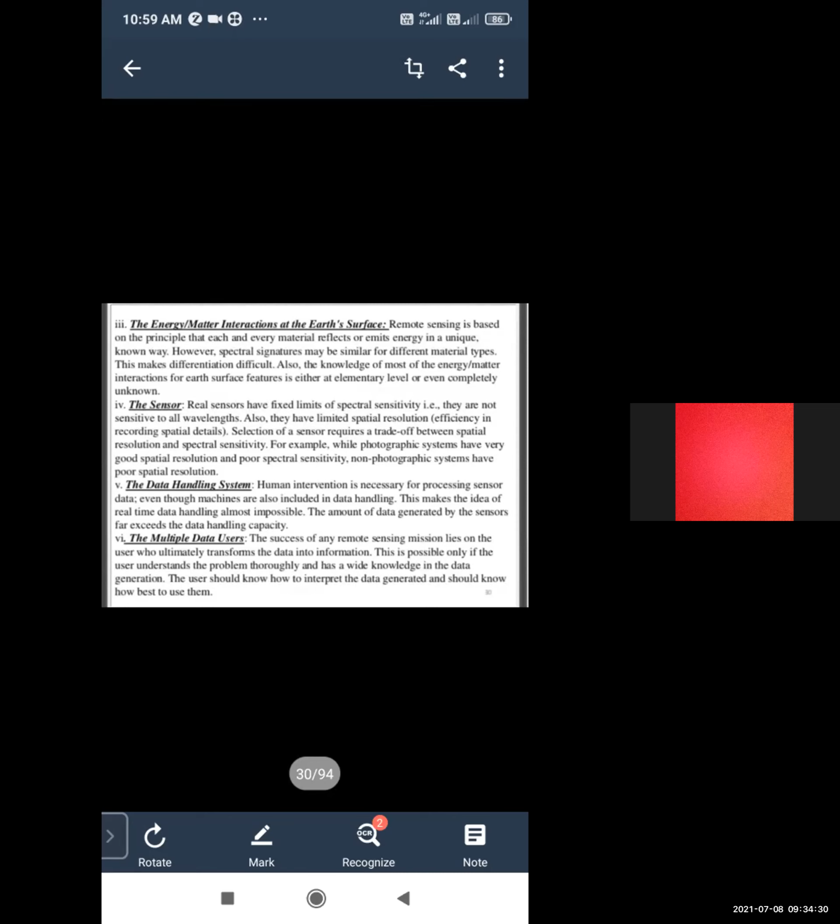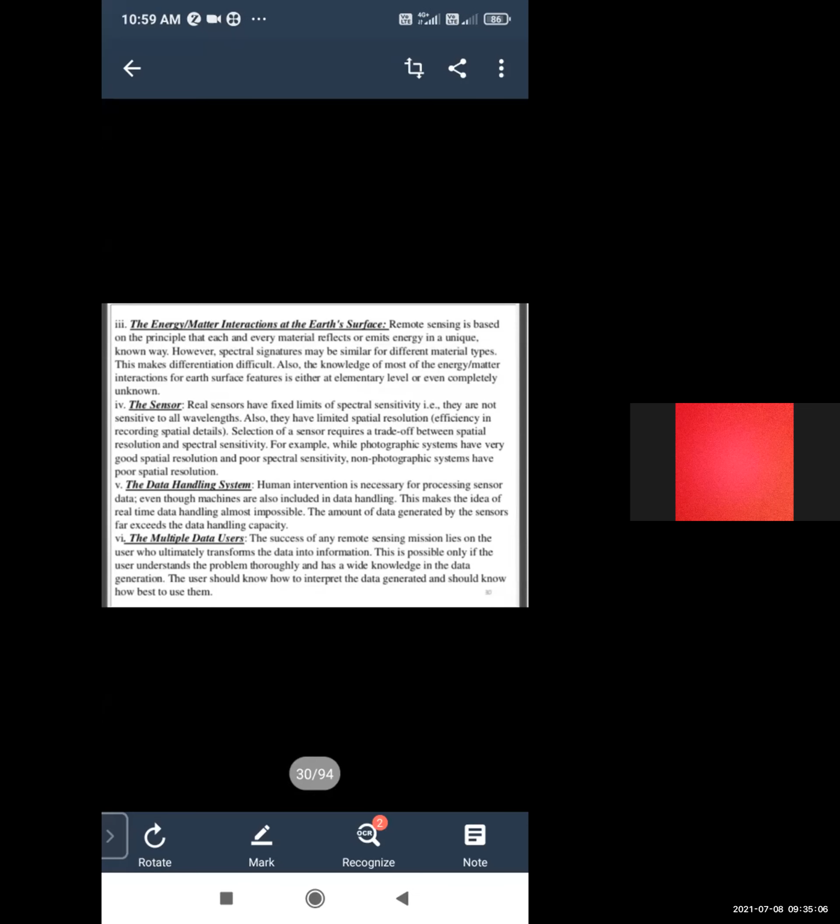Efficiency in recording spatial detail is limited, and selection of a sensor requires a trade-off between spatial resolution and spectral sensitivity. For example, while photographic systems have very good spatial resolution and poor spectral sensitivity, non-photographic systems have poor spatial resolution. These are the differences between ideal sensor and real sensor conditions.